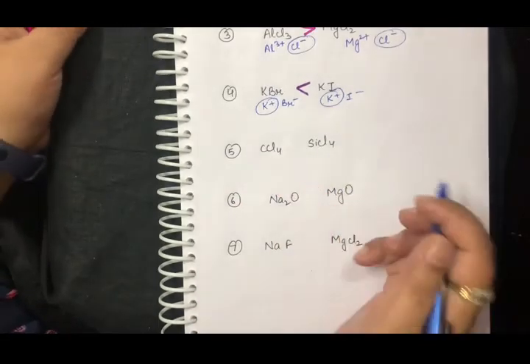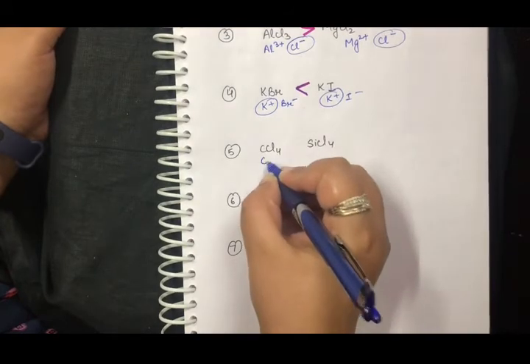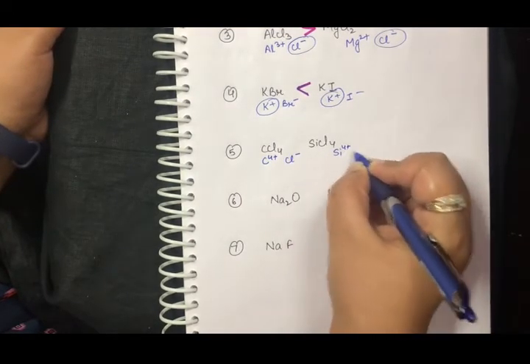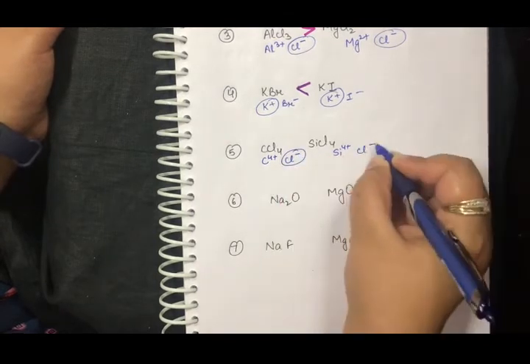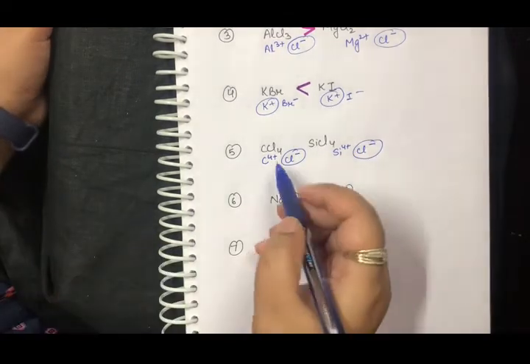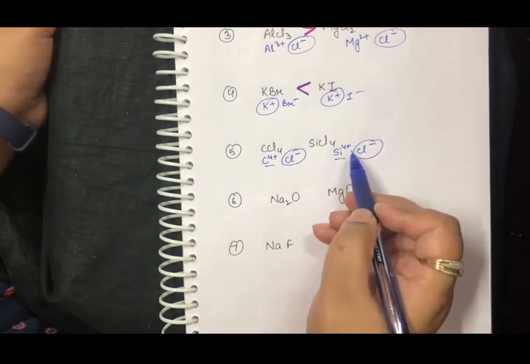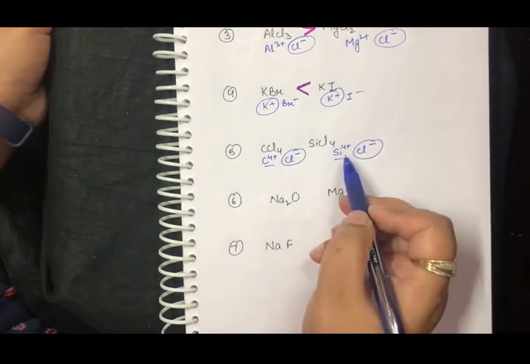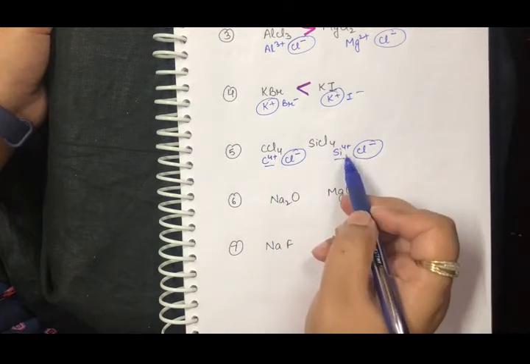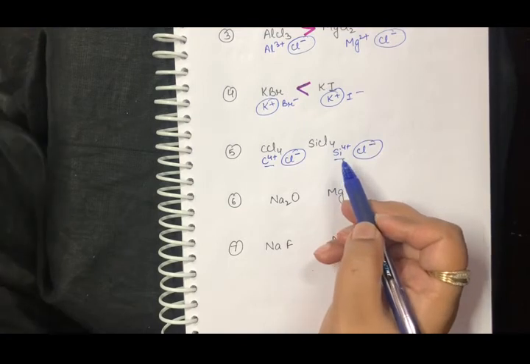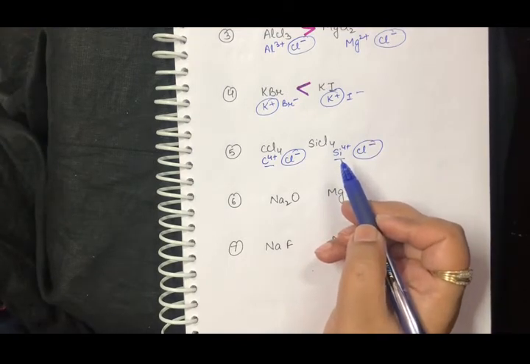Now let's move to CCl4 and SiCl4. Here it is going to be C4+, Cl-, Si4+, Cl-. Cl- is common, so I'm left with the charges of the cation. The charges are the same, so now we will move towards the size. Whose size is bigger? We know that they both belong to the same group. So the size of silicon is bigger as it comes after carbon in the carbon family.